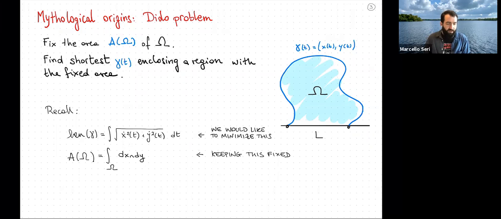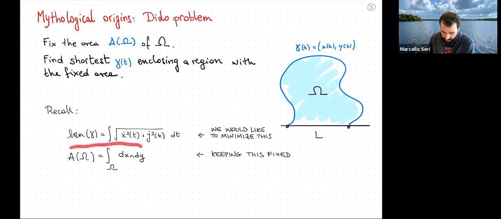If you have done a bit of curves and surfaces or a bit of Riemannian geometry, then you know that the length of a curve is just the integral of the square root, in the Euclidean space, of the derivatives of the two components, x and y. So here we are in the plane, say x and y. And the area is just the integral over this surface omega of dx dy over this shape.